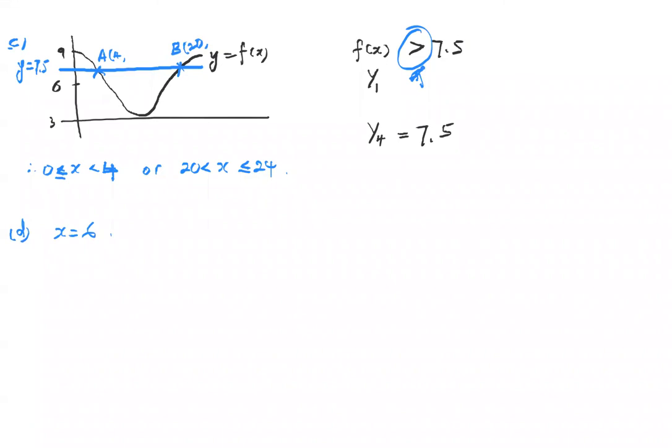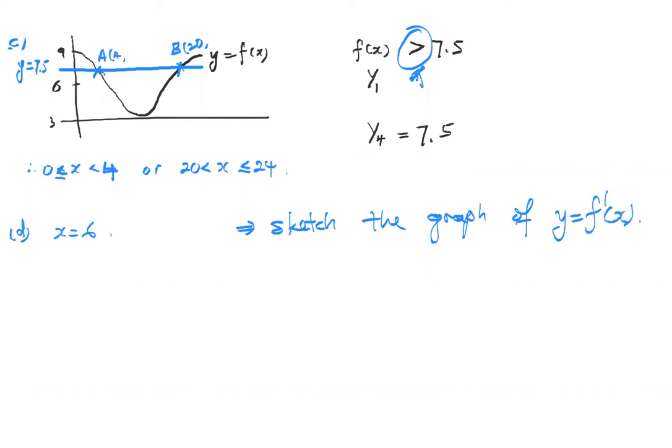Okay, if you don't know this characteristic for trigo, what can you do? Apa mesti kamu buat supaya you can get this answer? Yes, you try to sketch the graph of y equal to f prime x.